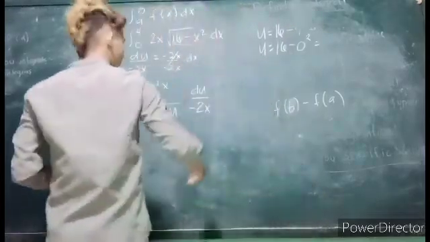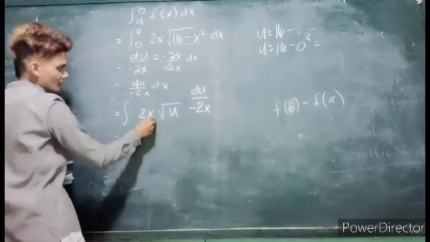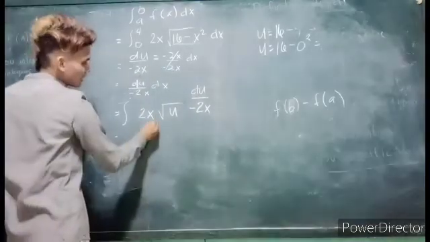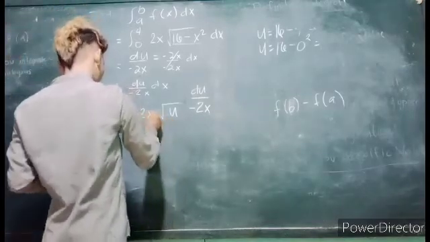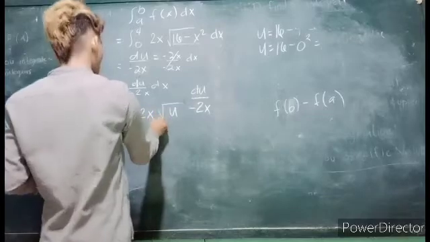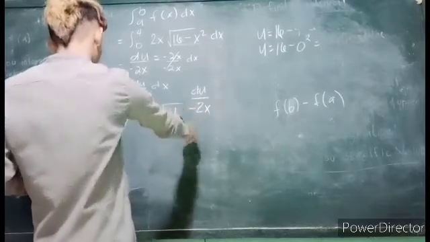So before that, we first need to correct a mistake. Sorry. Divide the positive 2x by negative 2x.